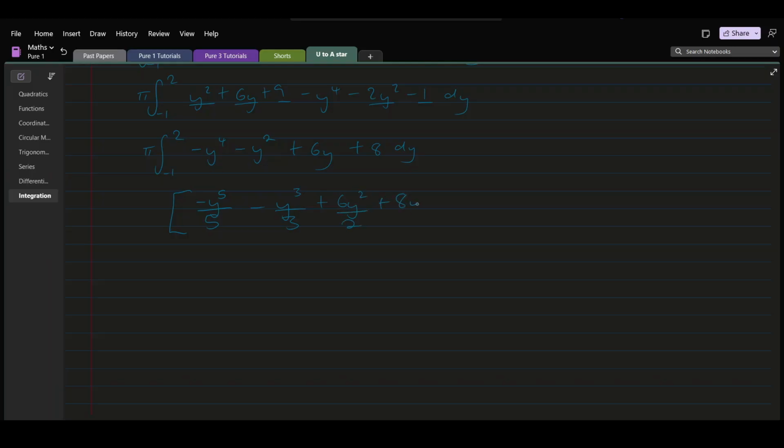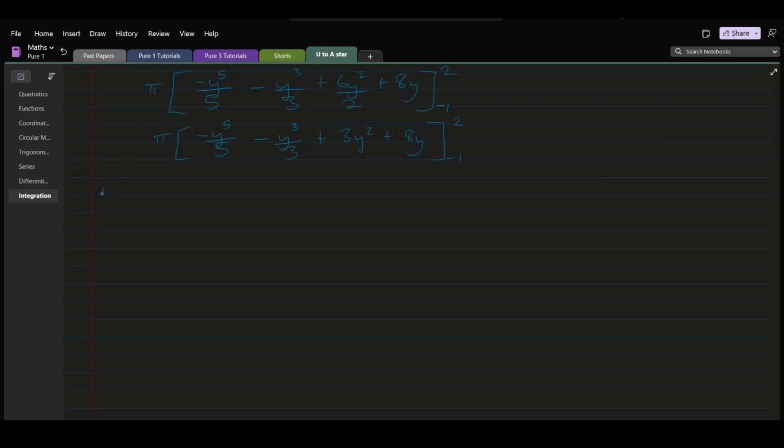Then 8 becomes 8y, and we have a pi outside, and then we're going from -1 to 2. Now let's simplify this before we substitute our limits. That's negative y to the 5 over 5 minus y cubed over 3 plus 6 over 2, that's 3y squared, plus 8y, and this is from -1 to 2.